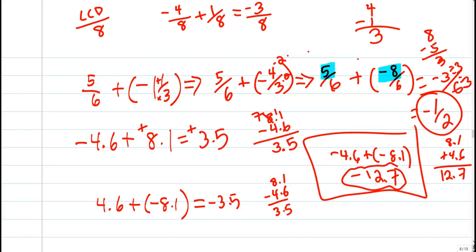Okay, and if they were both positive, then I would still get same sign combined, but this time the 12.7 would be positive. Okay, opposite signs, a little more complicated where we cancel. Same sign, easy. You just combine them, add them, and keep the sign.